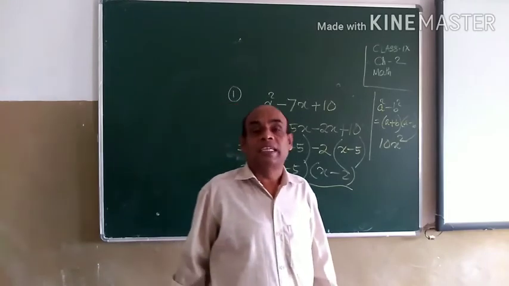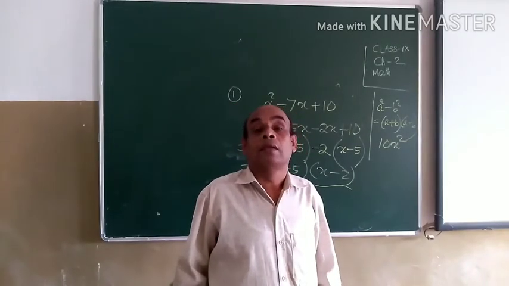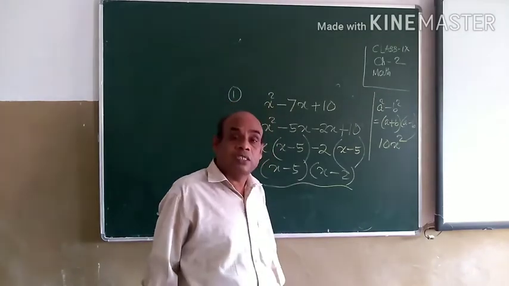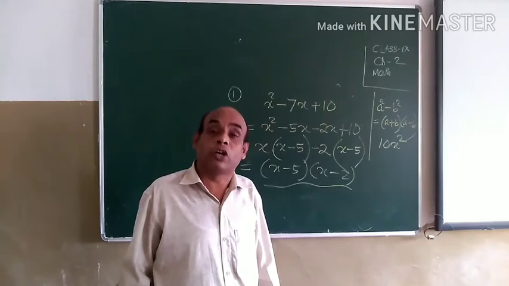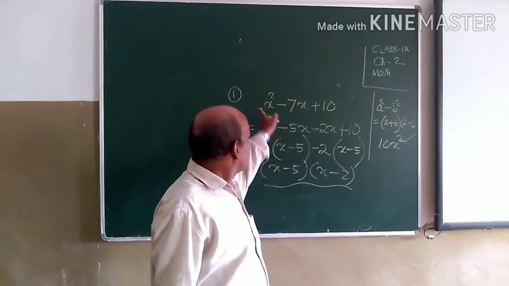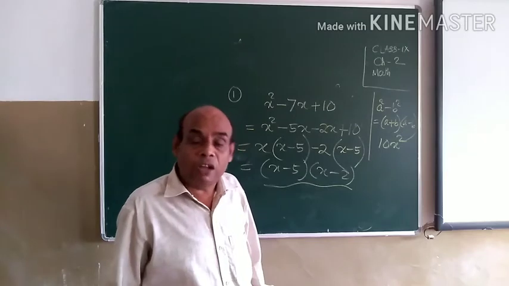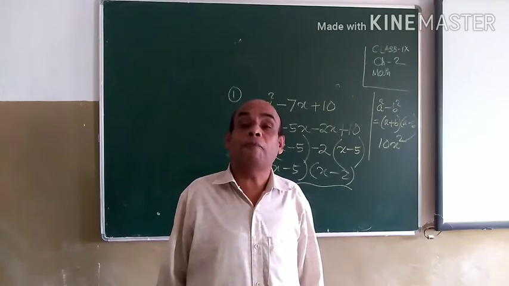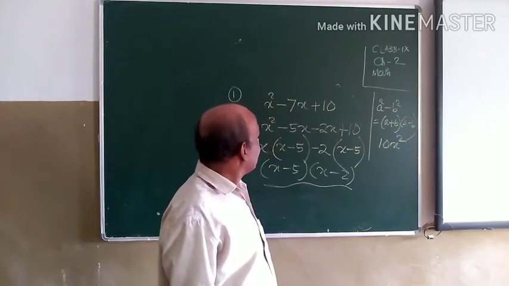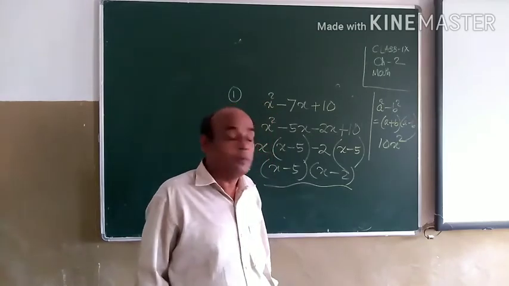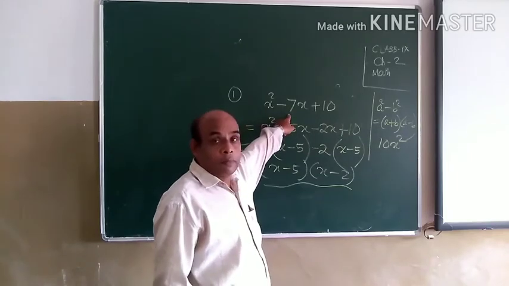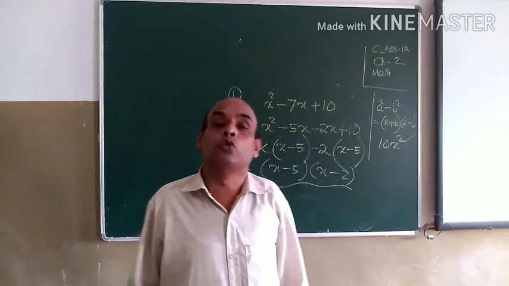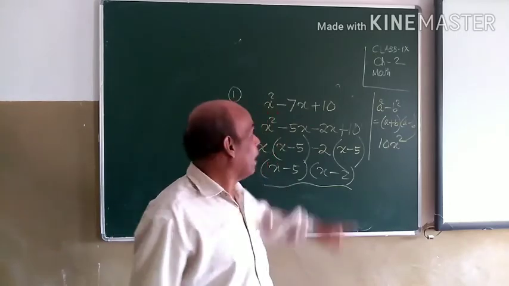If the question is in the middle factor form, it means first you will see whether it is quadratic or not, and then the x term, constant term, x square term. If it contains 3 terms, then only you have to adopt this formula. So already I told you, first you will observe which one is the middle term. That is minus 7x. So you have to select any two terms whose addition will be minus 7x.